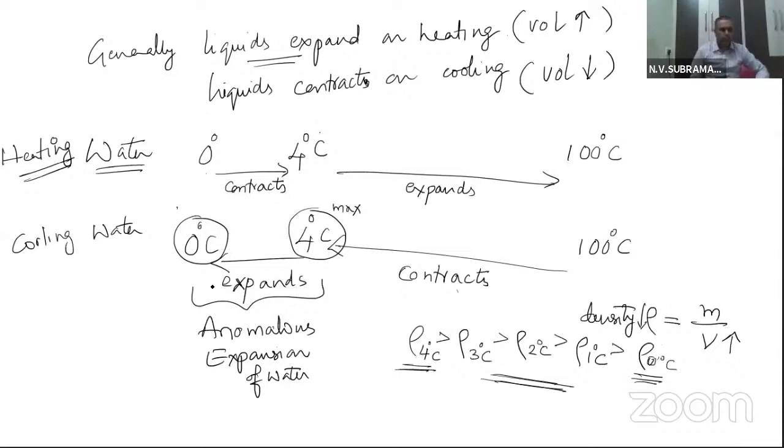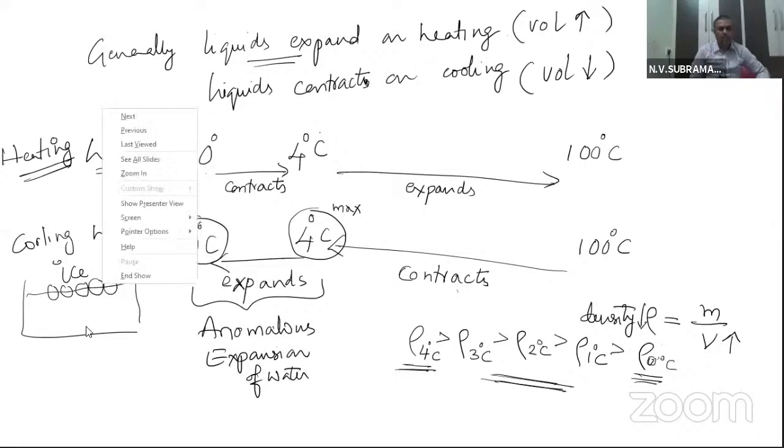You know, ice floats on water. If I put ice, this is water, let us say. If I put ice blocks, they will float on the water. Yes or not? They will float on the water. Why? Because ice density is less than water density. Yes or not?